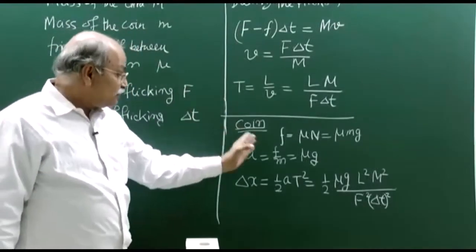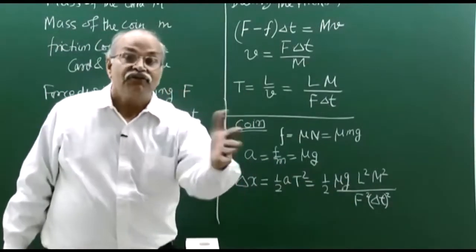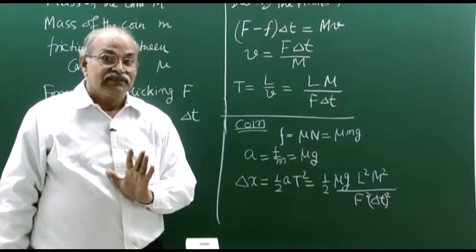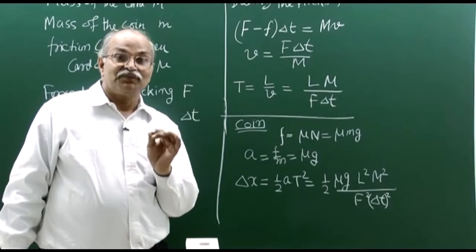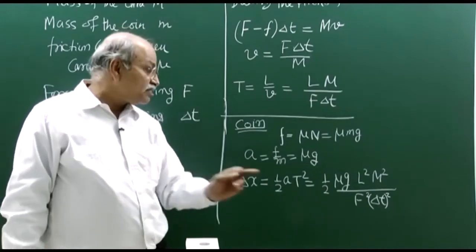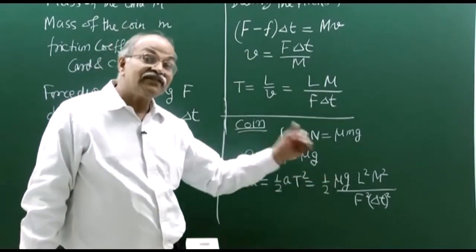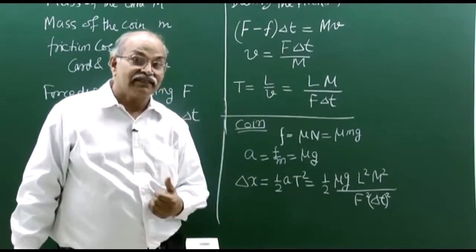This coin has to move this much distance in the forward direction. So, the coin cannot remain at rest at its own position because of this friction present. It has to move in the forward direction.